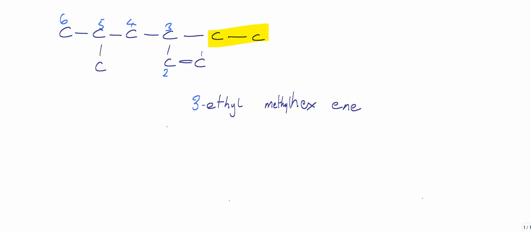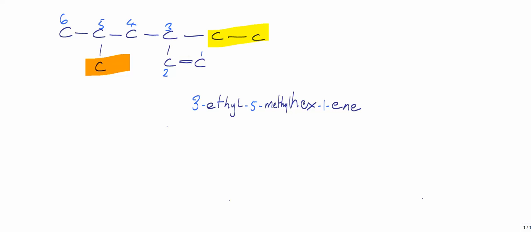Our methyl branch is on carbon number 5, so we can make that 5. But we also need to number our carbon-carbon double bond, because there are other places where that carbon-carbon double bond can go. So we'll need to make that hex 1 ene, because it's between the first and the second carbon. So that's going to name from structure.